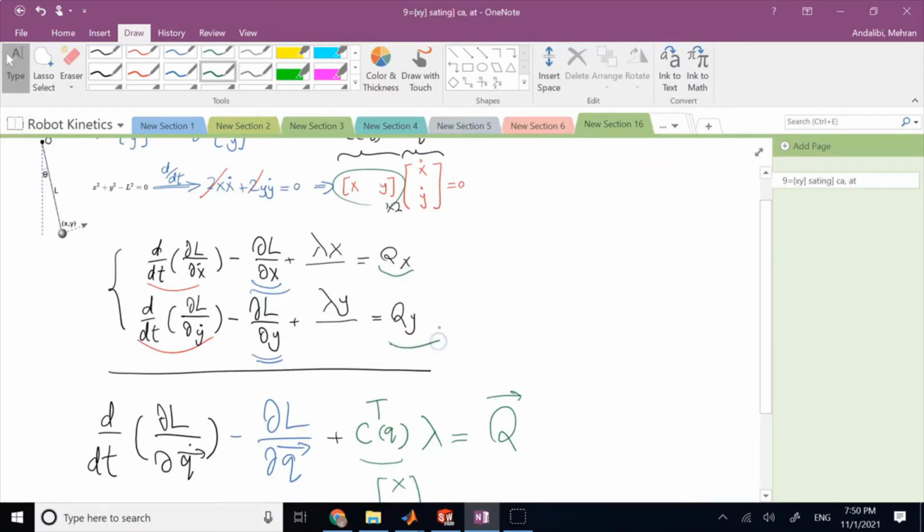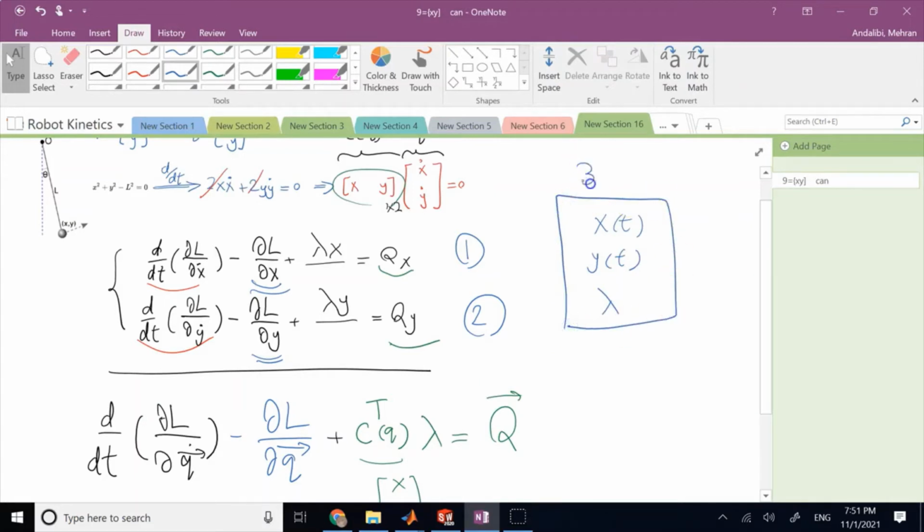So I'm trying to tell you how to use that Pfaffian constraint and add the terms to your Euler-Lagrange equations. Good. So I got two equations here, and I can call them equation 1 and 2, but I have three unknowns. One of them is x of t, the other one is y of t, and the other one is this lambda. So I have three unknowns.